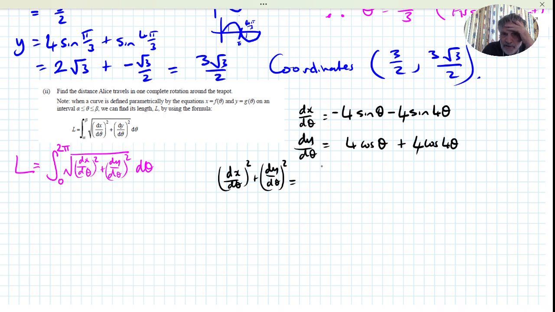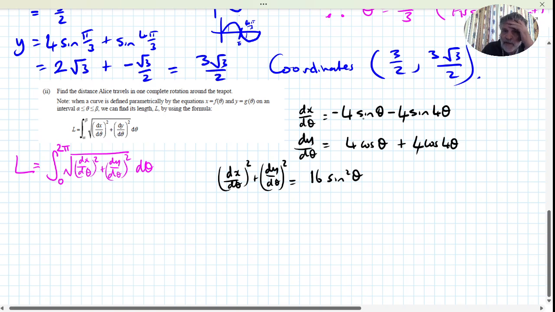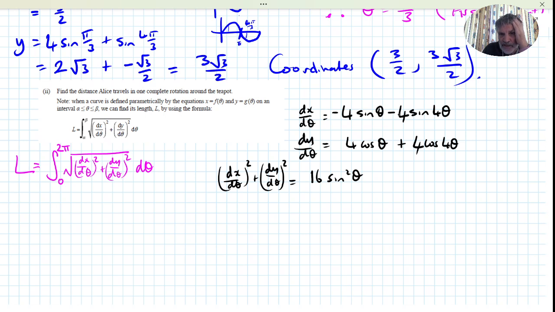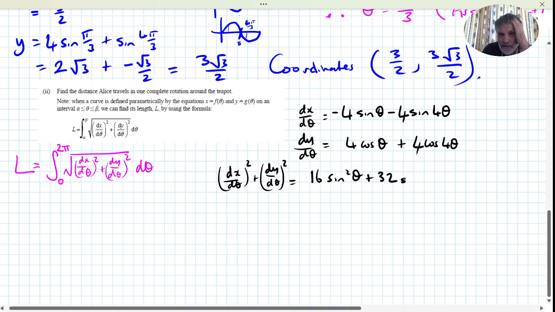Square the first term, you get 16 sine squared theta. The mixed term is minus times minus. It's going to be a plus again. 4 4s are 16. There's 2 of those mixed terms, so it's plus 32 sine theta sine 4 theta. And then plus another 16 sine squared 4 theta.